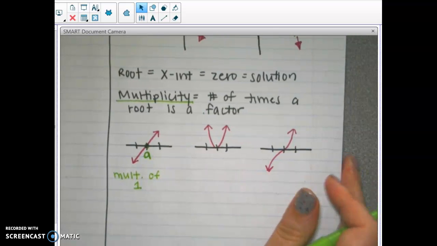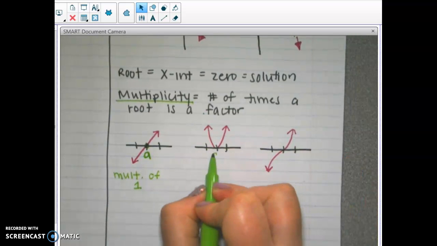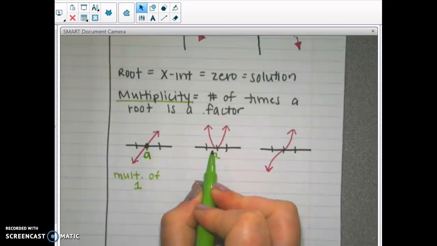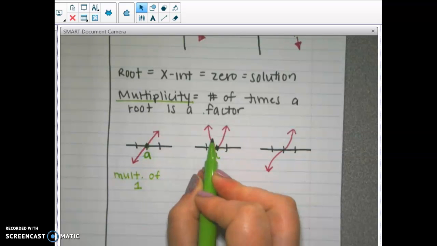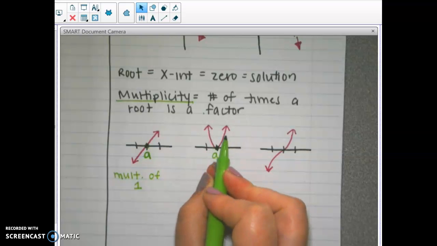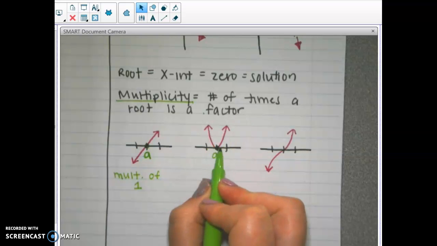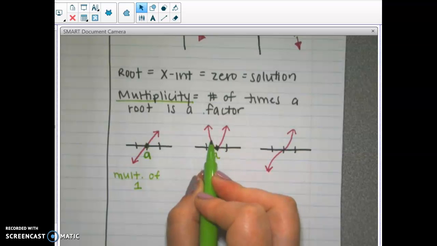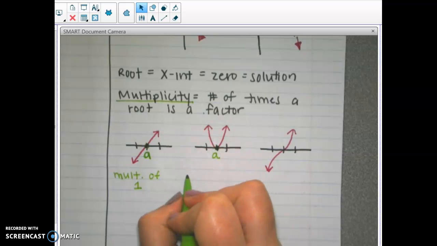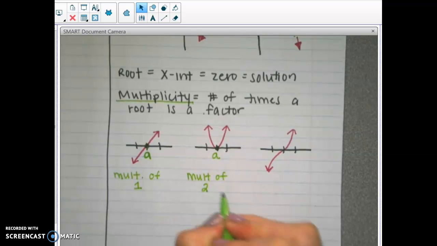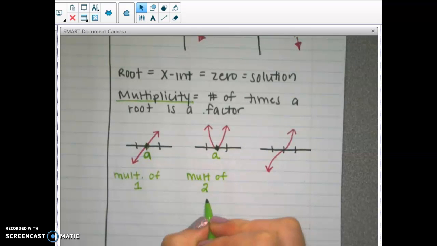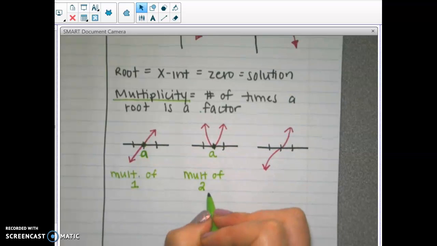We just kind of list the root. So this root, however, is not going through the x-axis. It's hitting the x-axis and then bouncing off. It's creating that parabola shape directly on the x-axis. So that has a multiplicity of 2. And we usually call it a double root, or it says a multiplicity of 2, whichever way you want to say it.